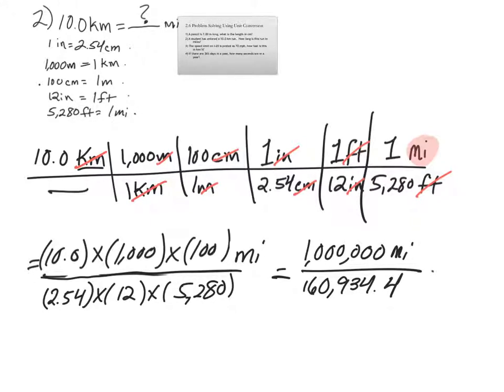You could also write this as 10 to the 6th over that. I guess you could write it in scientific notation, but it would be 1.609344 times 10 to the 5th. 1, 2, 3, 4, 5 times you have to move the decimal. And then don't forget the miles.